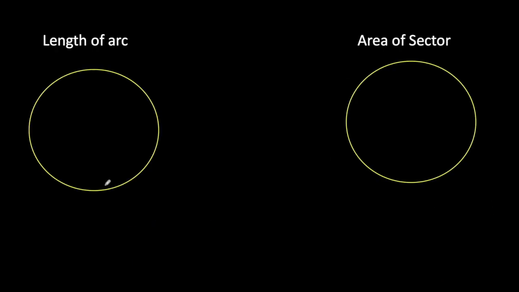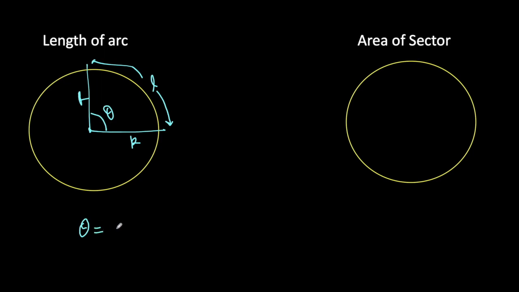Now we will try to understand how we can derive a formula for the length of an arc. Suppose the center is given, you have radius r, there is another radius, and this arc length is, let's say, l, and this angle is theta. So how will we calculate this length? For 1 radian, we divided the arc length by the radius to get our angle.